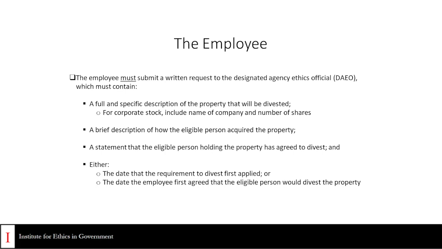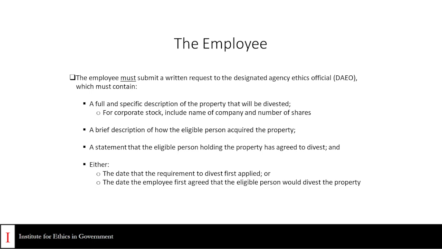Second, the employee's request to the DAEO must include a brief description of how the eligible person acquired the property. For example, was it purchased from a broker? Was the property inherited? What are the means by which the property was acquired?